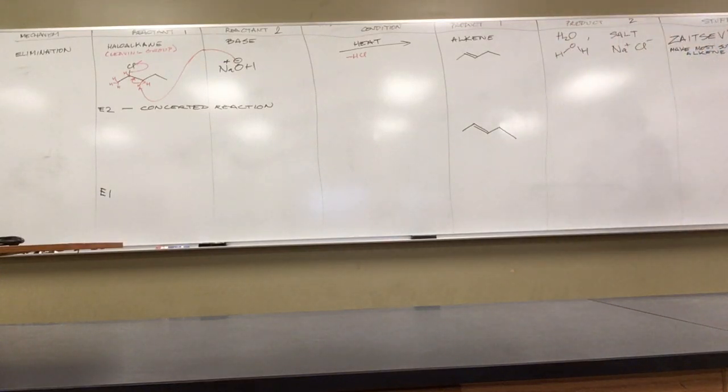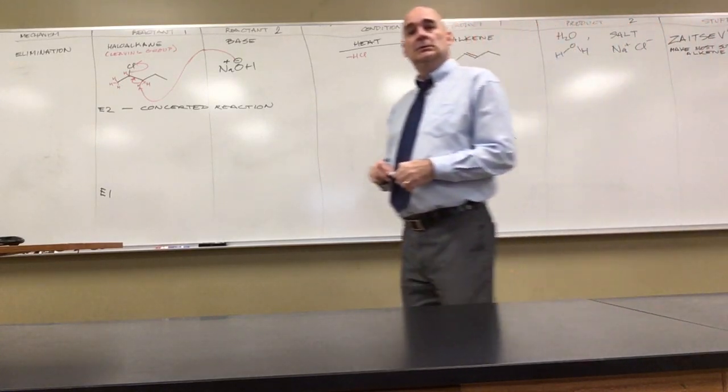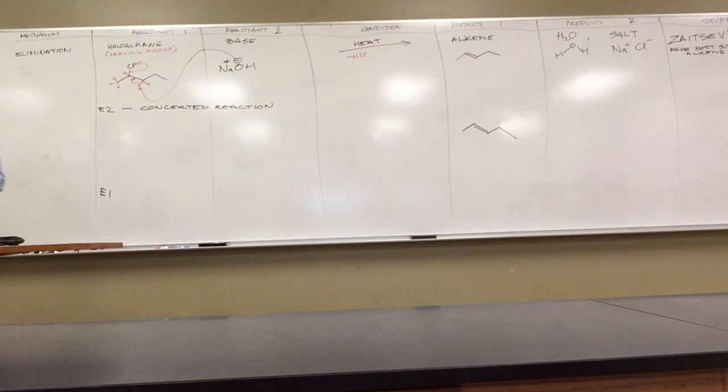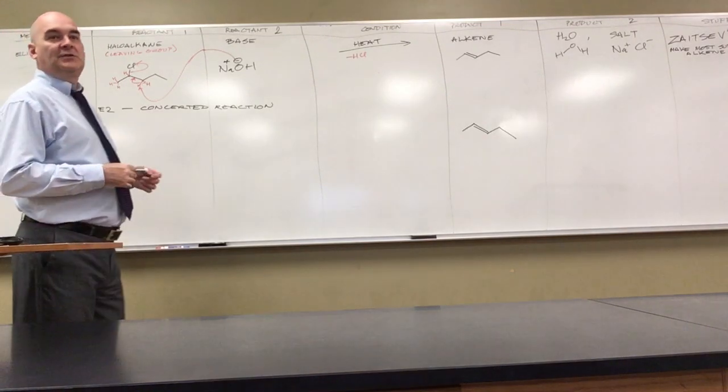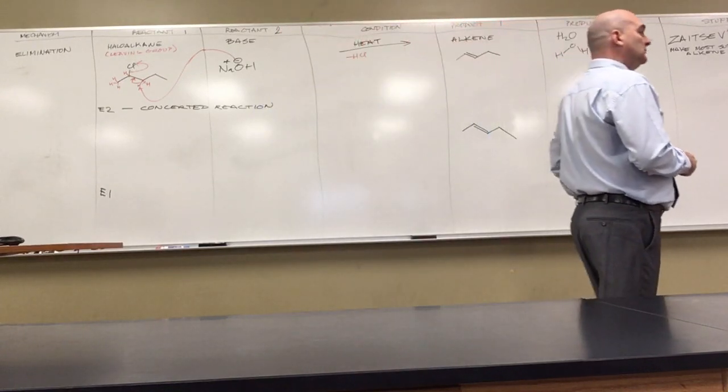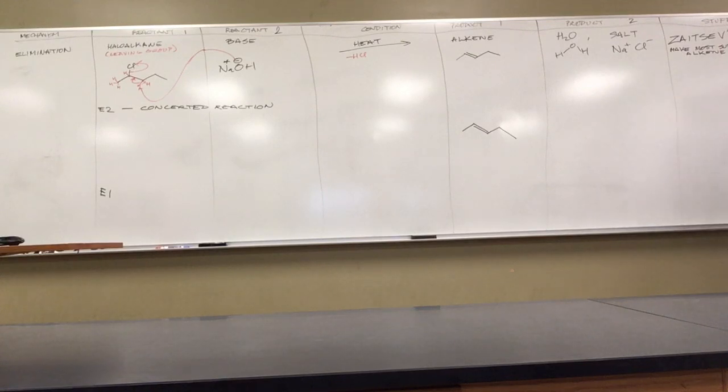E1. What's the big difference between an E1 and an E2? The leaving group leaves first. Leaving group leaves first, and that gives me something that is a carbocation. So give me a situation where you have a reactant, the leaving group leaves behind a viable carbocation.